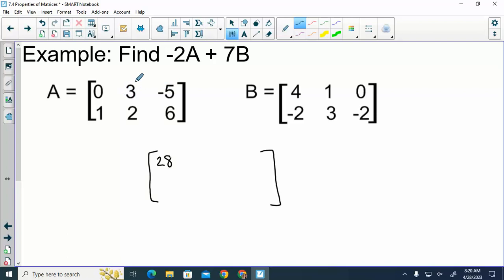Okay, so negative 2 times 3, so negative 6 plus 7, positive 10 plus 0, 10. Negative 2 minus 14. Negative 4 plus 21. Negative 12 minus 14, negative 26.